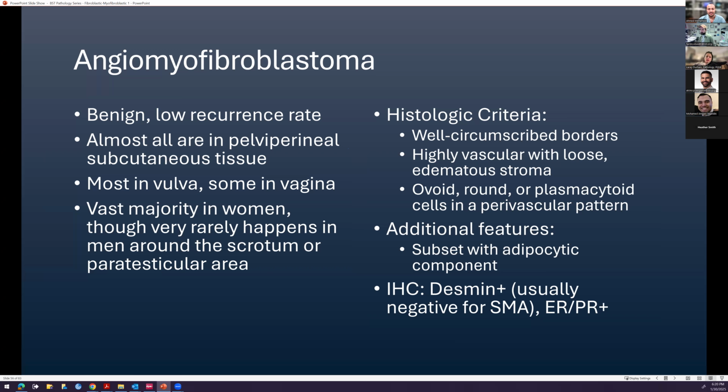Most are in women. There are some rare examples in men, and they tend to happen around the scrotum or peritesticular area.